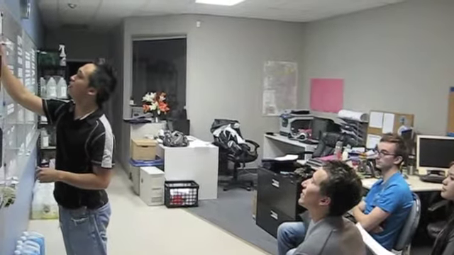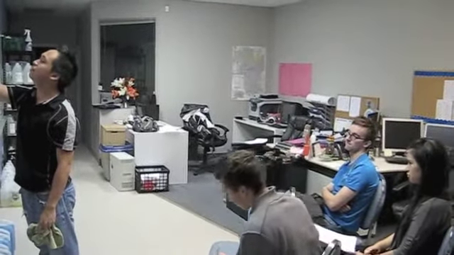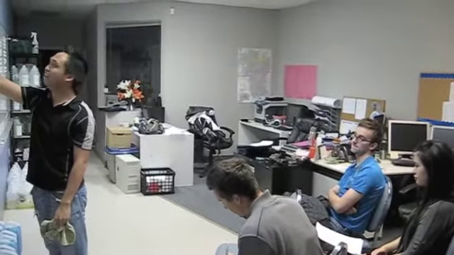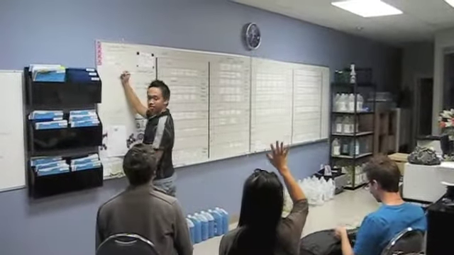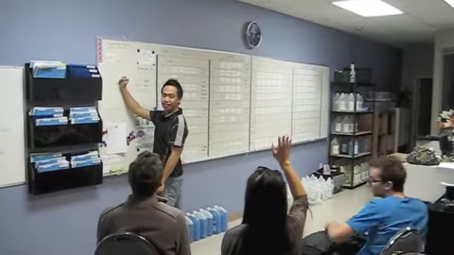Class, so can anyone tell me the answer to this? Matt. 22. 22, good answer, Matt. That is correct. This equation. 11. Matt? 11, let me see. Yeah, 11 as well. Yeah, good job, Matt. Tell me the answer. Matt. 12. Okay, Matt, I want you to remember that when you give answers, you have to raise your hands, right? So people have a turn. Okay. To this equation. Matt again. 4.